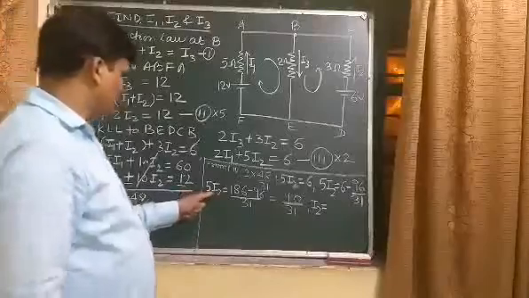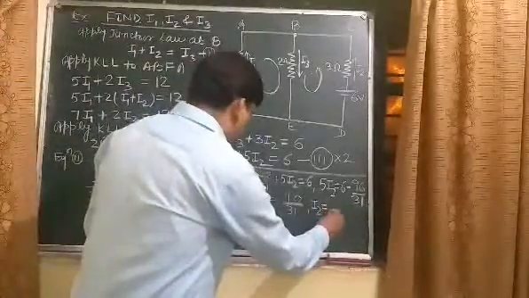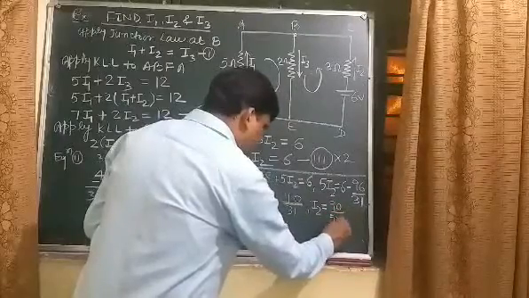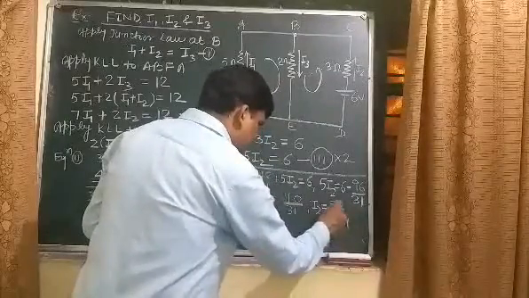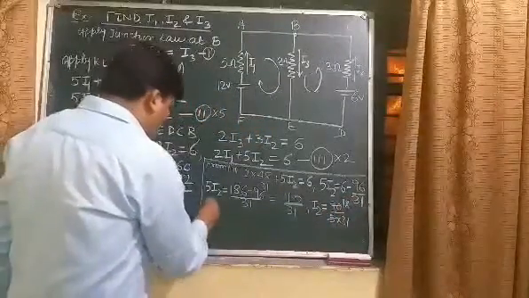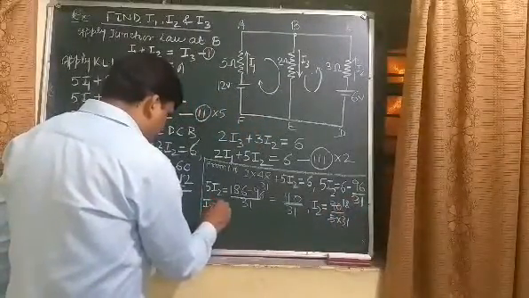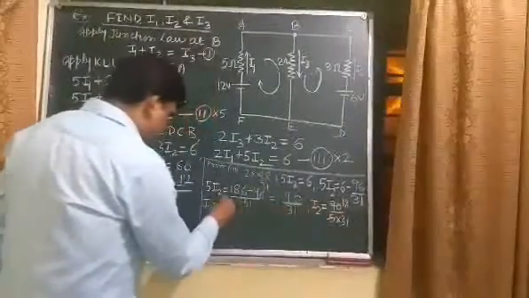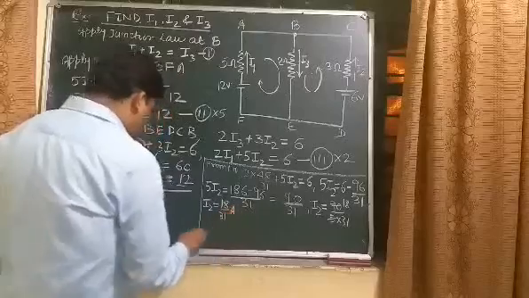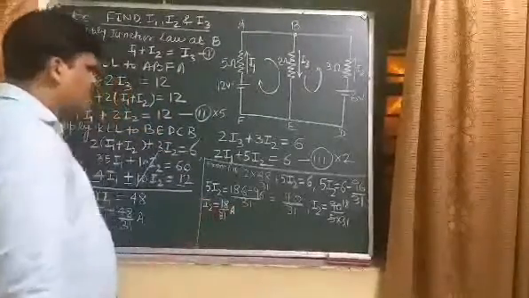So I2 equal to 90 by 5 into 31, and it comes out to be 18 by 31. So I2 comes out to be 18 by 31 ampere. This is the second answer.